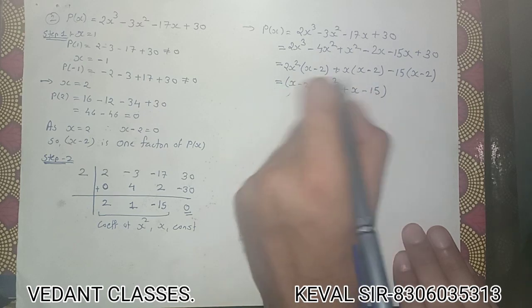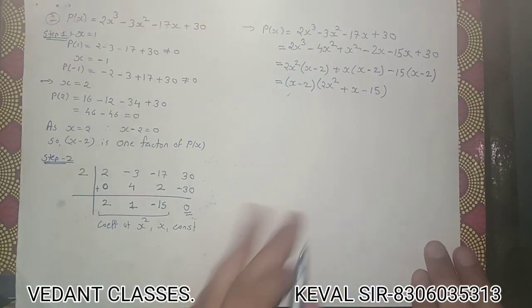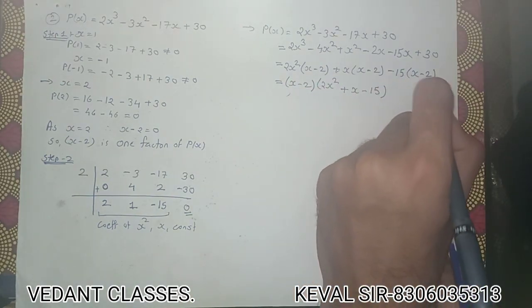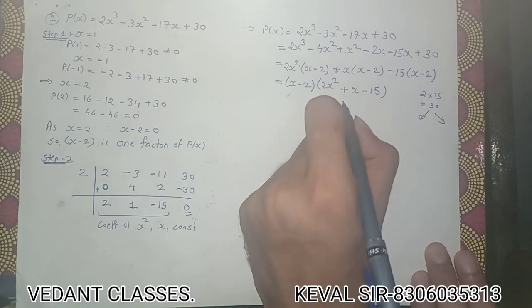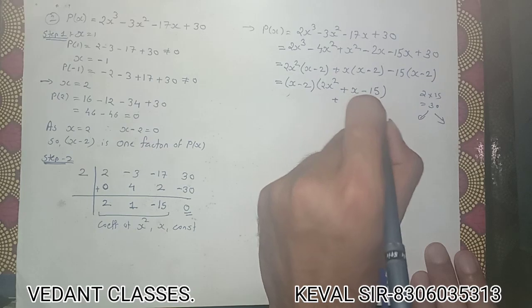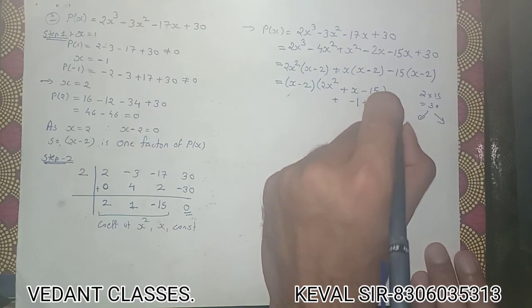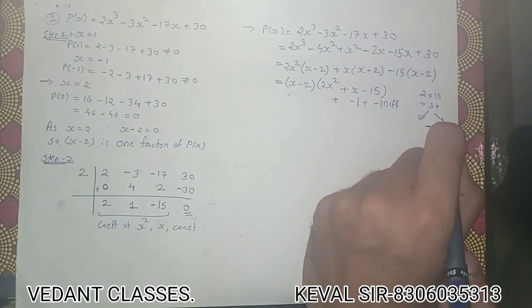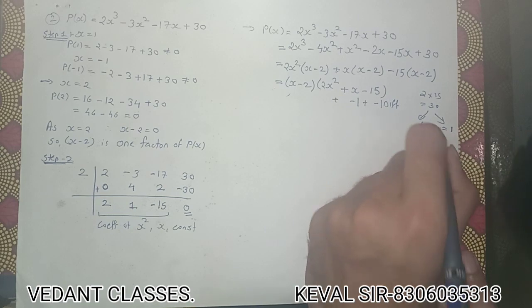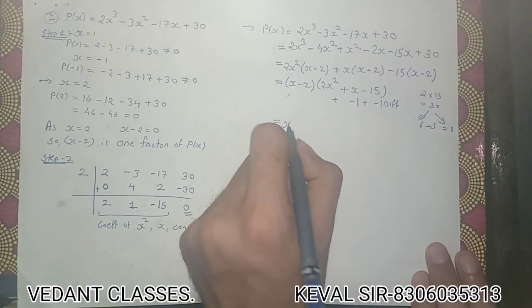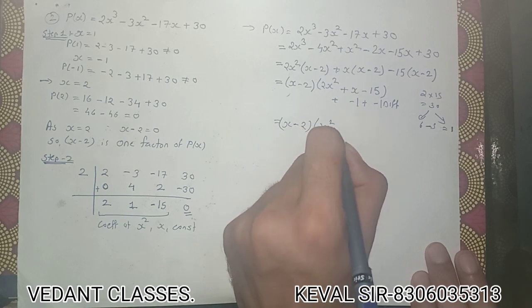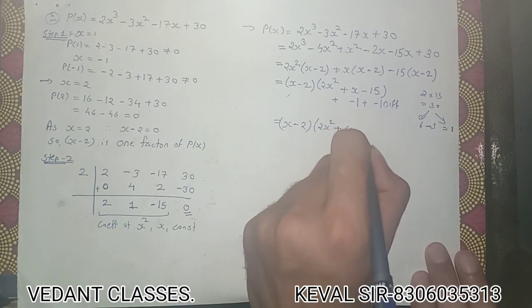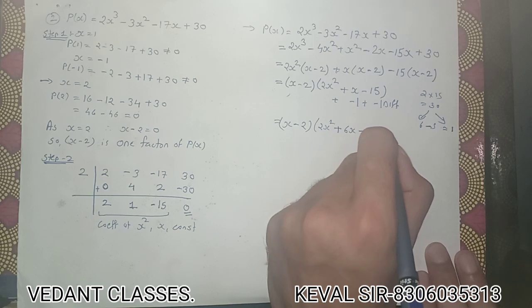Now check whether factorization of this is possible or not. So 2 into 15, this will be 30. Split 30 into two parts, plus and minus, whose difference will be equal to 1. So 6 5s are 30, so factors are possible. So x minus 2, here it will be 2x square plus 6x minus 5x minus 15.